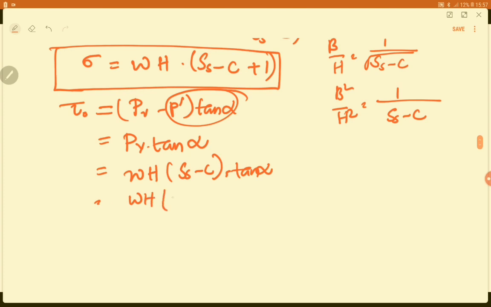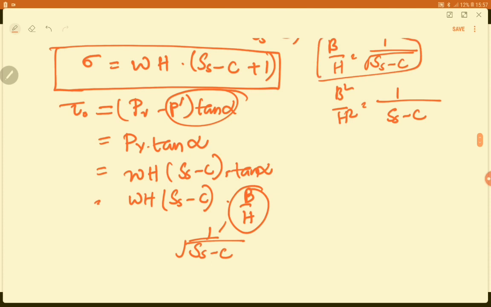What is tan alpha? Tan alpha is equal to B by H, or otherwise you can write this as 1 by root of SS minus C, isn't it? B by H is equal to 1 by root of SS minus C. So, WH into SS minus C into this.